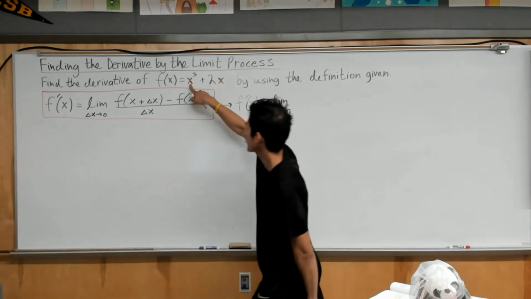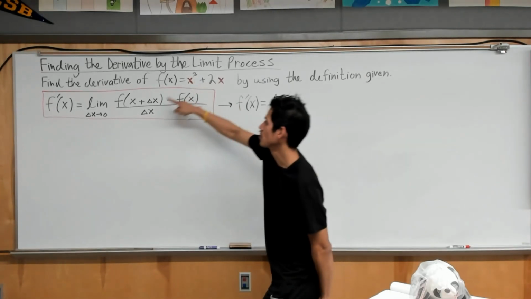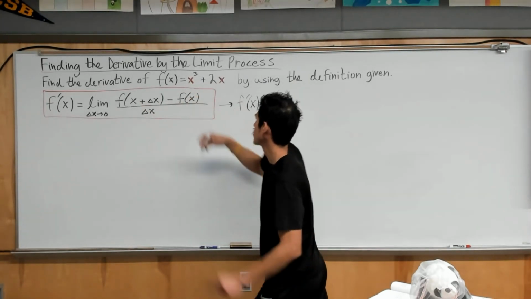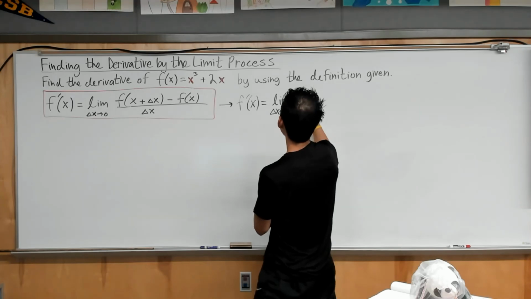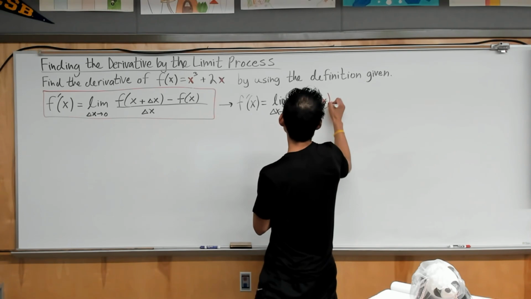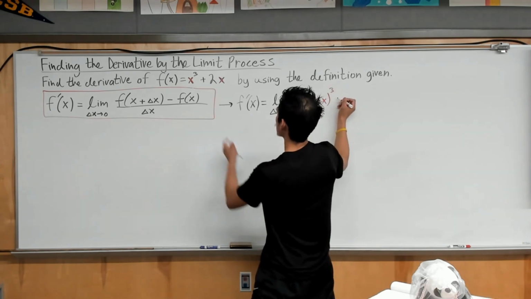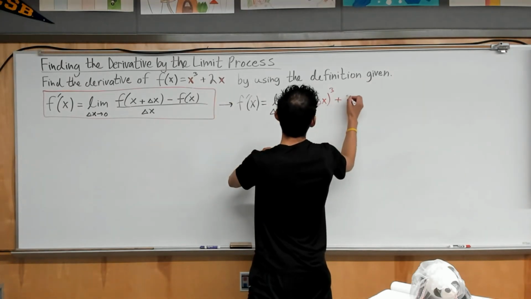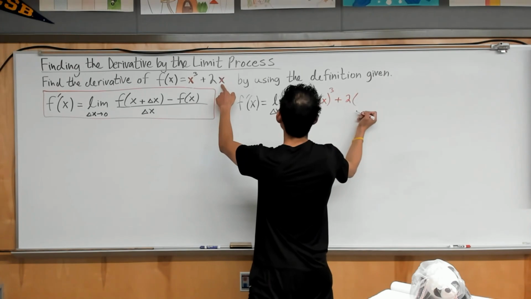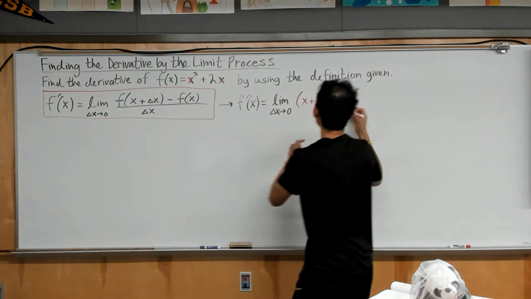So instead of just putting x cubed, you're going to put x plus delta x cubed there. So we're going to have x plus delta x cubed plus 2 times x plus delta x.